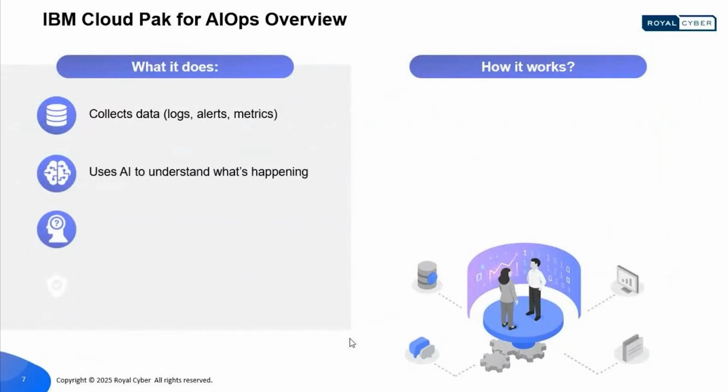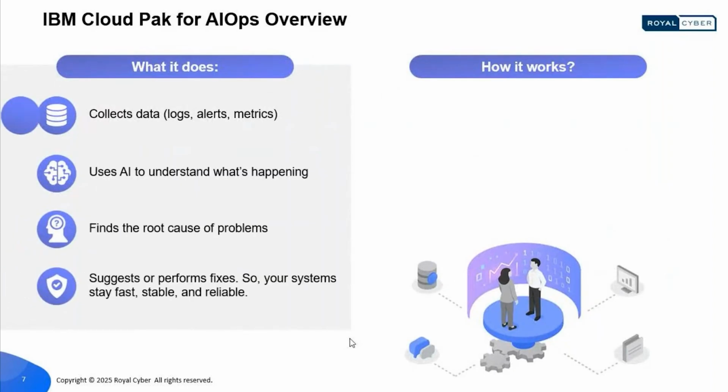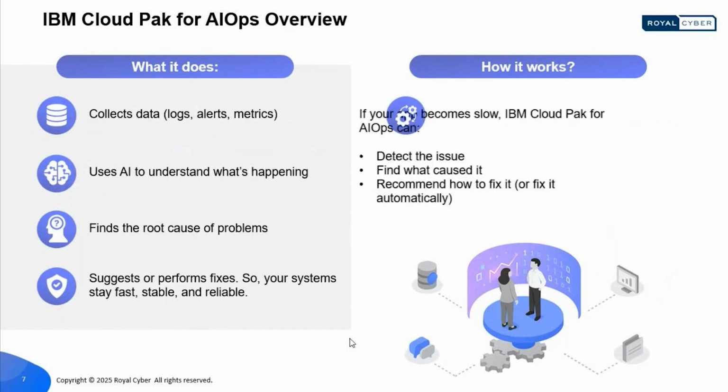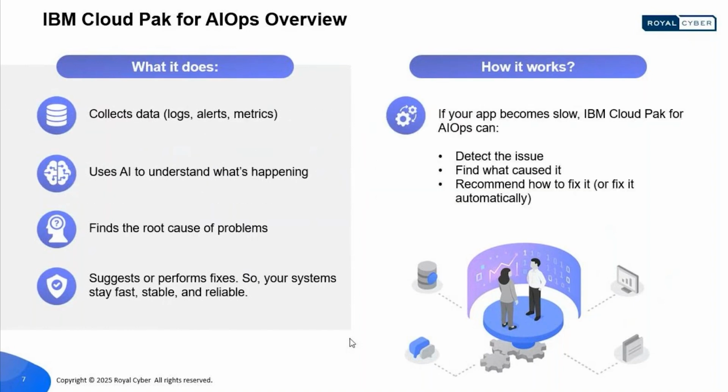Then what it does, as explained in the previous slide, is collect the data. All the AI tools perform their actions based on the data, whether those are logs, alerts, metrics, or traces. Whatever data they collect, they can take the decision or run the script based on the data. It uses AI to understand what is happening, so you can train your models to understand what is happening to your system.